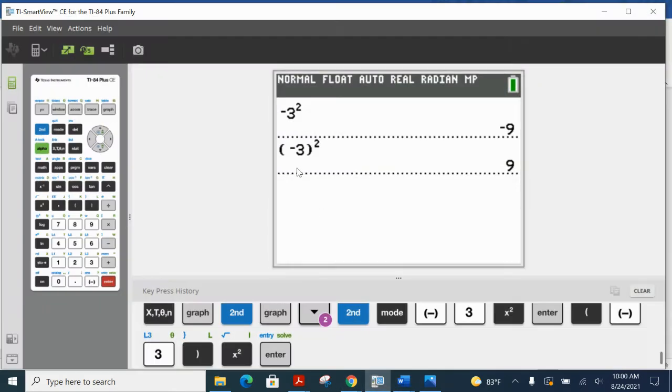The reason I would anticipate this being an issue is there's a big difference between doing a negative 3 without parentheses and squaring it, because on the calculator that'll give you a negative 9, and putting the negative 3 with parentheses and squaring it, that's going to give you a positive 9. So you want to be really careful if you're throwing these into your calculator, okay?